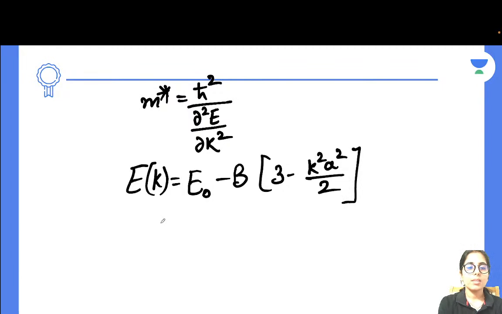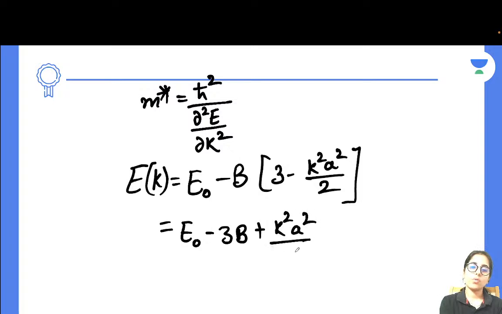Now it's going to be E naught minus 3B plus B k square a square over 2. B is a constant, E naught is a constant. When you differentiate with respect to k twice, you get one time 2k and the other time just 2. So 2a square over 2 gives a square. Oh, B was common, so B will be here as well. So B a square. So h square over B a square is your final answer.